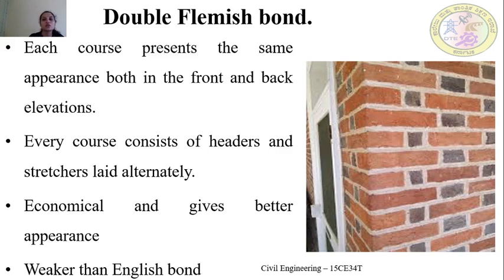So in double Flemish bond, both front elevation and back elevation remain the same. Every course consists of headers and stretchers laid alternately. This double Flemish bond is economical and gives a better appearance, but it is weaker than English bond.